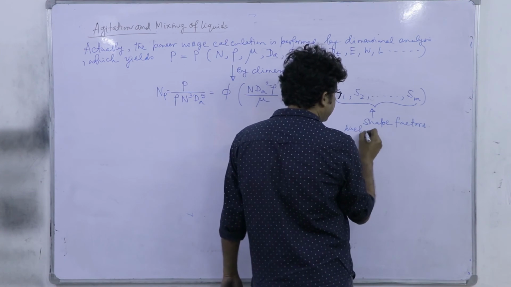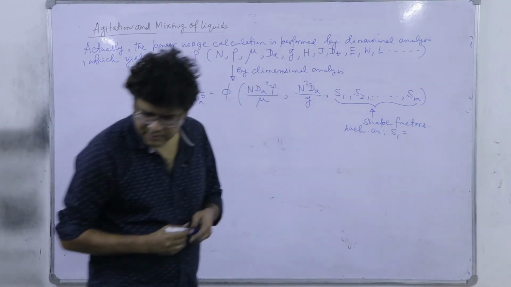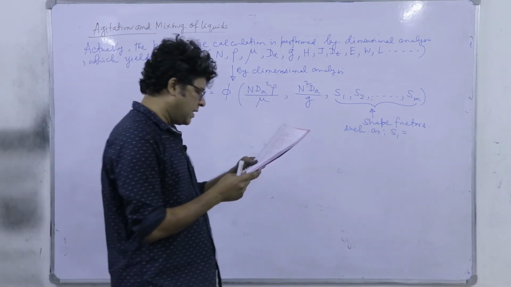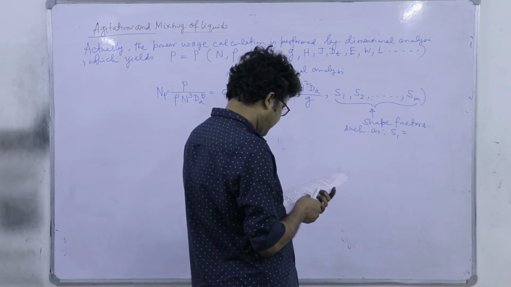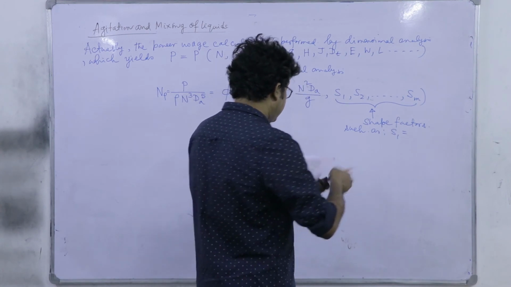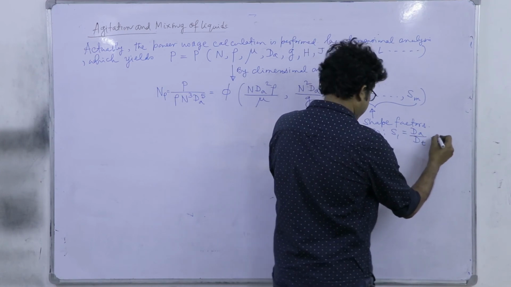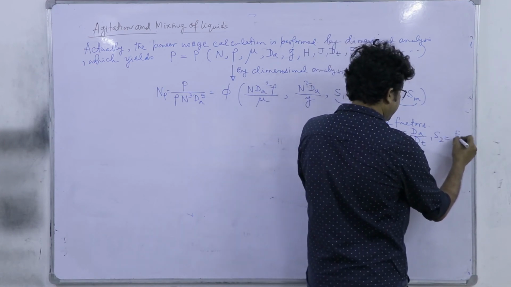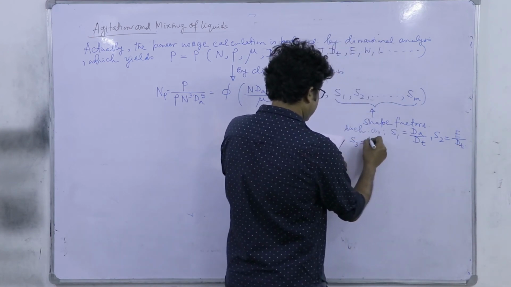Such as the standard definition S1. How do we define it? S1. This you don't have to remember. Like S1 we define as dA by dT, the fundamental ratio. S2 is E by dT. S3 is L by dA.